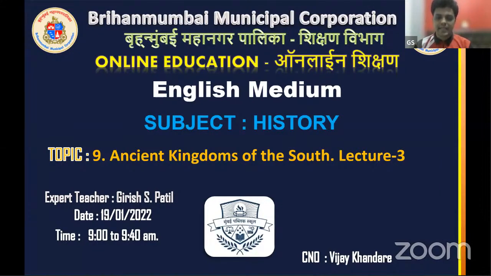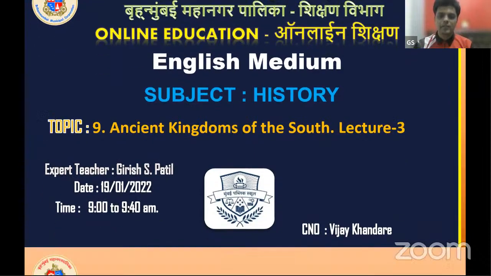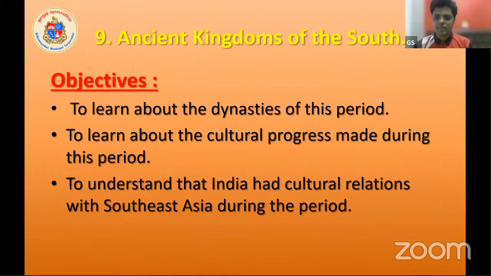So before starting the session, let us recapitulate some things we have learned in this chapter. Basically, the objective of learning this chapter, the ancient kingdoms of the South: the first objective was to learn about the dynasties of the ancient period.